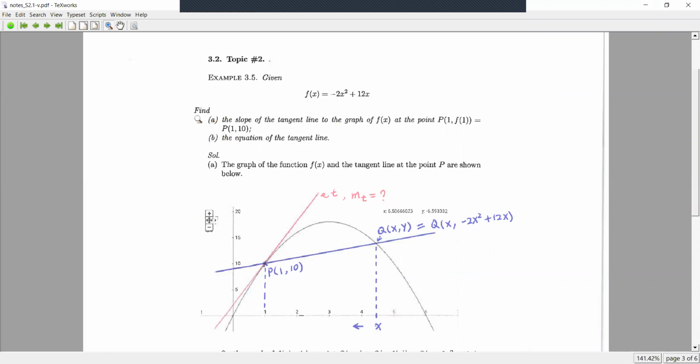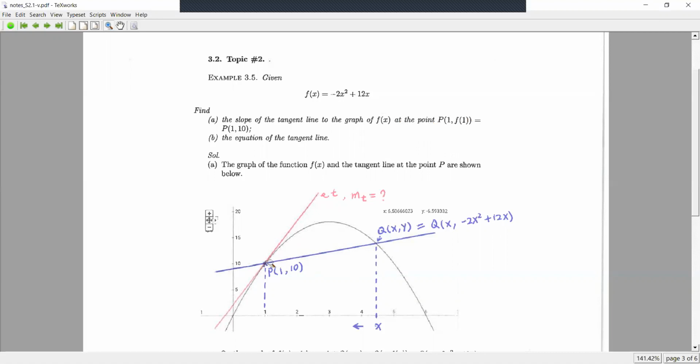Now, 2 questions. Question A. Find the slope of the tangent line to the graph of this function at the point P. The point P, x coordinate is 1. Y coordinate is f of 1. Whenever the y coordinate of a point is a function value, the point must be on the graph of the function.